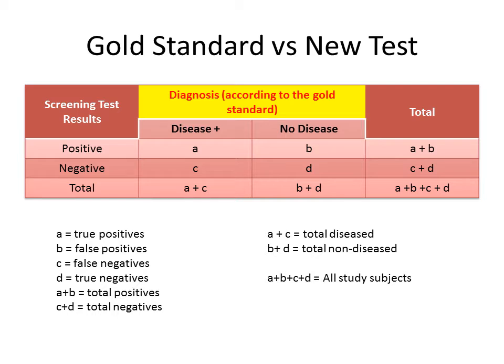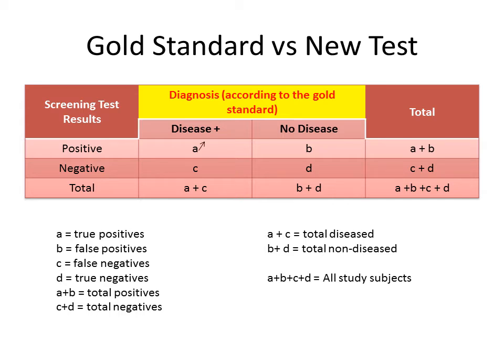This is the table where the results of the gold standard and the screening test are recorded. Results of the gold standard are whether the disease is present or absent. The results of the screening test are whether the patient is positive or negative for the disease.